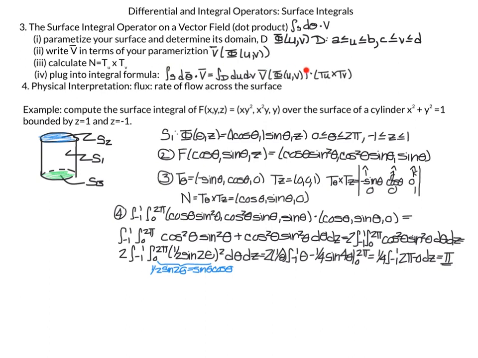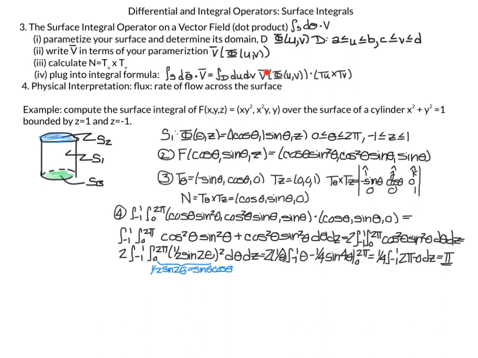Finally, I plug it into this formula here. I take the integral over the domain, and the domain is given to me here in the parameterization. It's a double integral, 0 to 2 pi, that's my d theta, which I forgot to write, and then -1 to 1, that's my dz. Also, I forgot to write that.